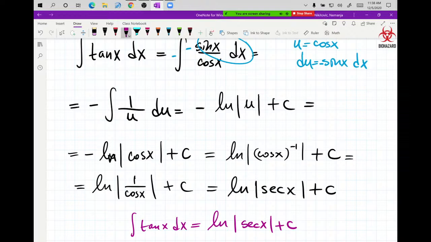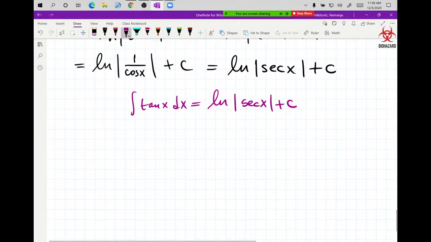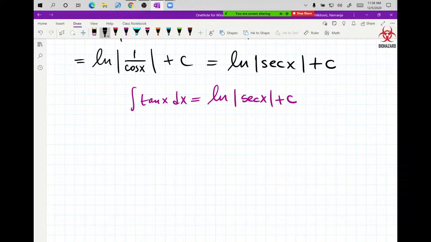Any questions? Well, I guess the Usub is going really well, which is excellent because that's exactly what you need to know all of it for Calc 2.